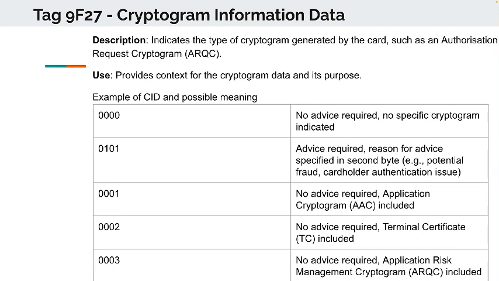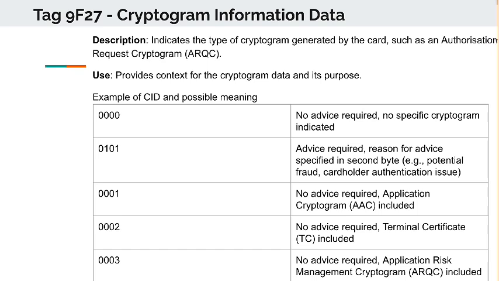0003 says that no advice is required, and an application risk management cryptogram is included, right? So for people that do online transactions, where the transaction is not approved offline but is supposed to be approved online, mostly ARQC is generated, and if ARQC is generated, most times the value that you should get is 0003.